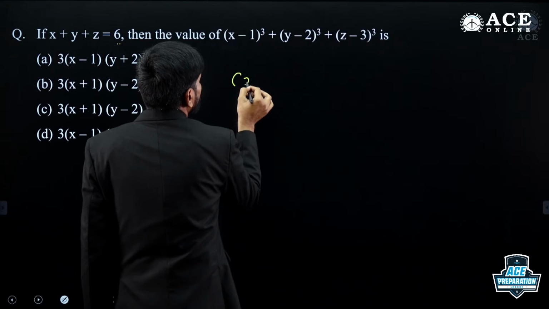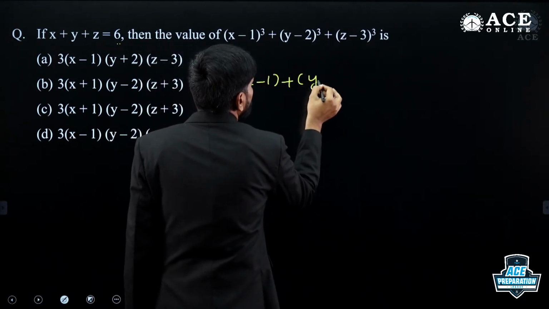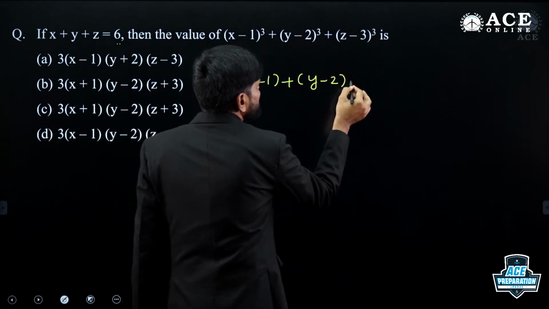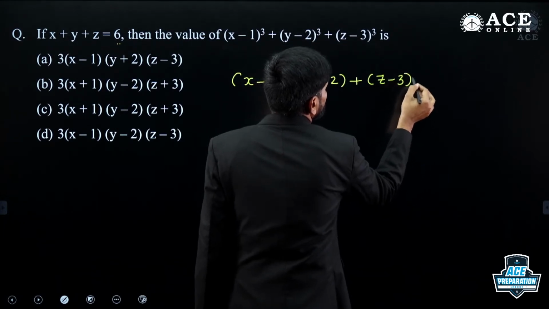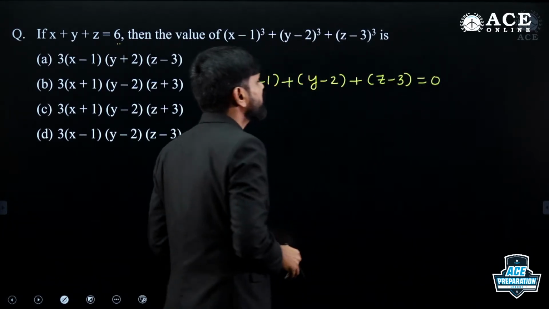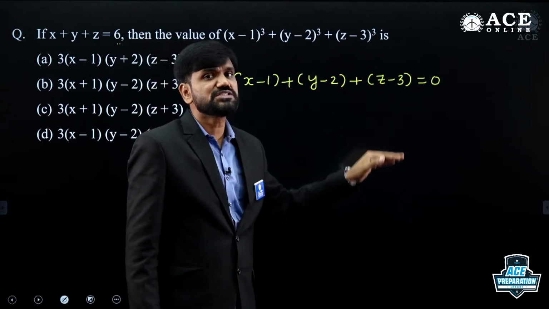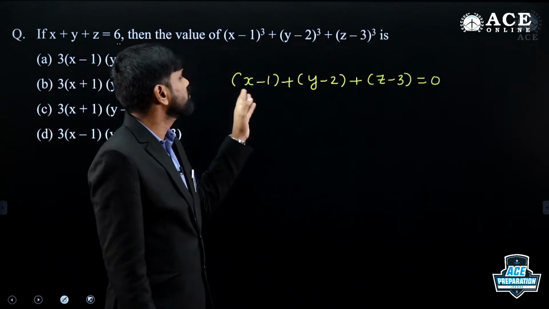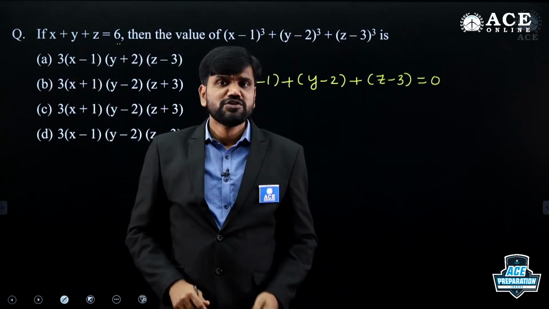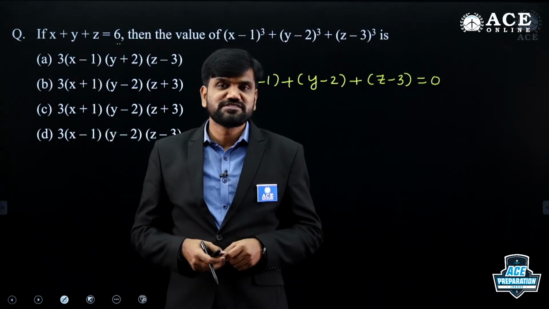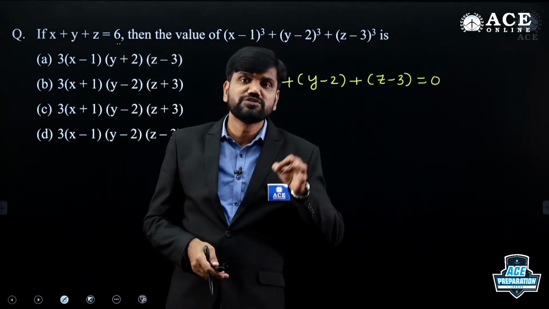So x minus 1 plus y minus 2 plus z minus 3 will be equal to 0. Why, sir? If you add minus 1, minus 2, minus 3, that will add up to minus 6. That gives you x plus y plus z equal to 6, which satisfies that condition. So x minus 1 plus y minus 2 plus z minus 3 is equal to 0.